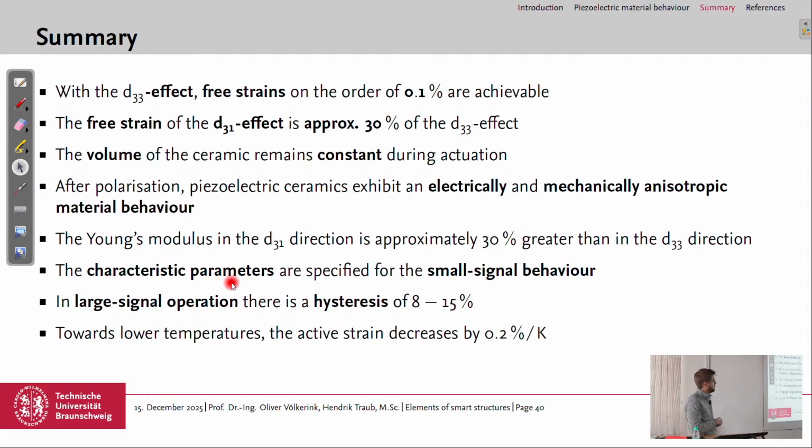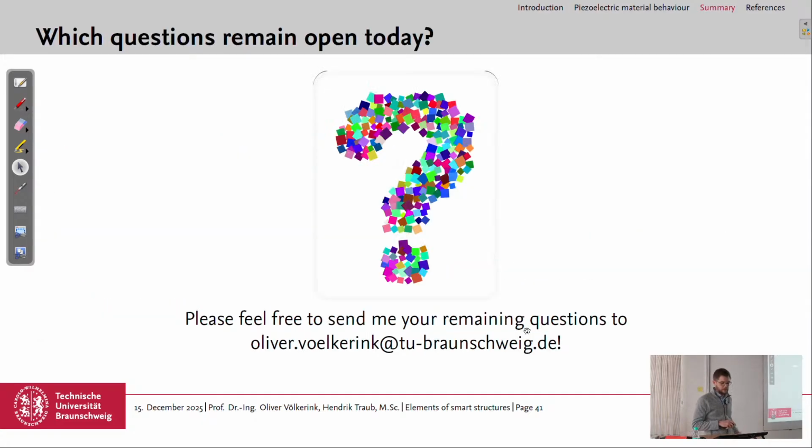We introduce some characteristic parameters for the small signal behavior, neglecting the hysteresis. And in large signal operation, we have a hysteresis or loss of 8 to 15%. And towards lower temperatures, the active strain decreases by about 0.2% per Kelvin, if you want it as a linear number. And with this, I'm at the end of this first lecture today, and I'm open to questions.